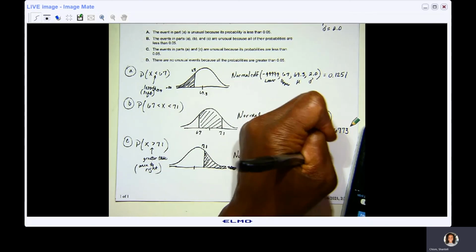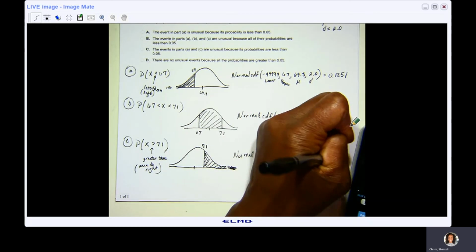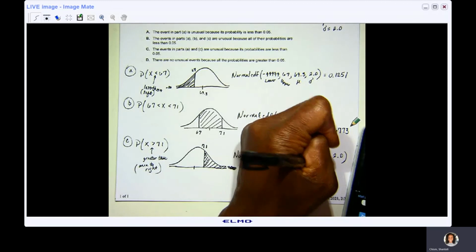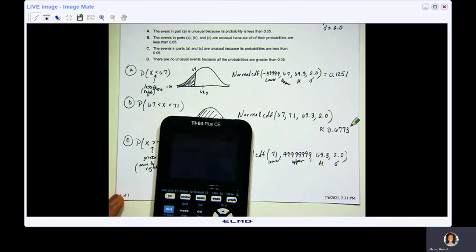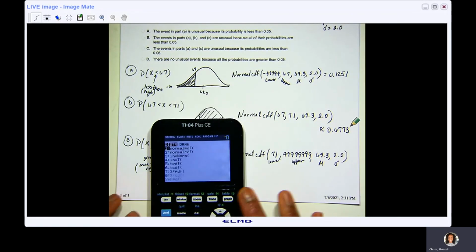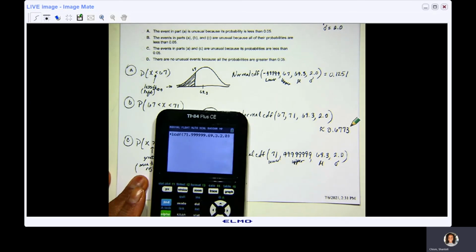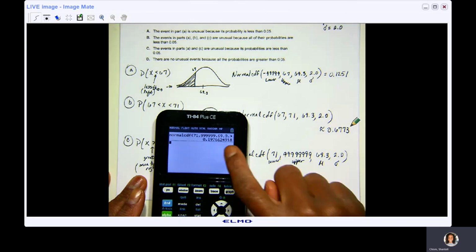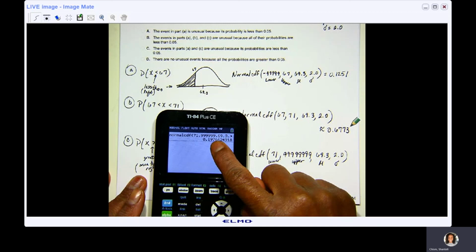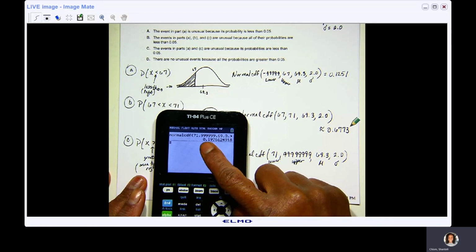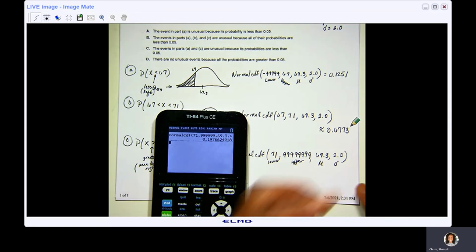And then I'd have 69.3 and 2 for my mean and deviation. So second VARS, normal CDF, 71, 99999, 69.3, and 2. It gets pasted on my home screen, and I press enter. 0.1977. That 6 goes up to a 7 because another 6 follows it.